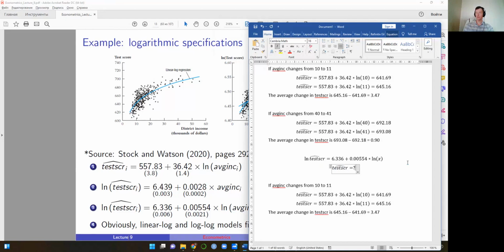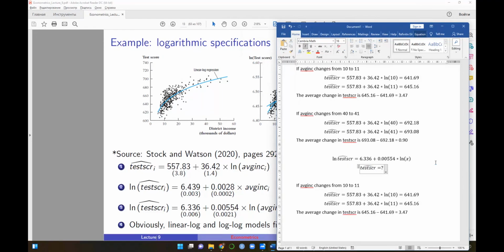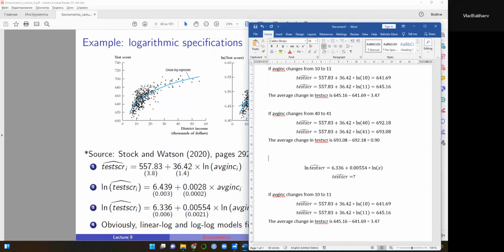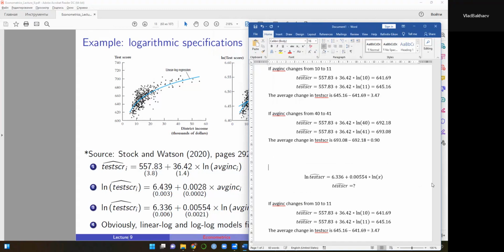What must be here? What is the logarithm? Logarithm is the value of power. Which power? Power of exponential value. Yes.